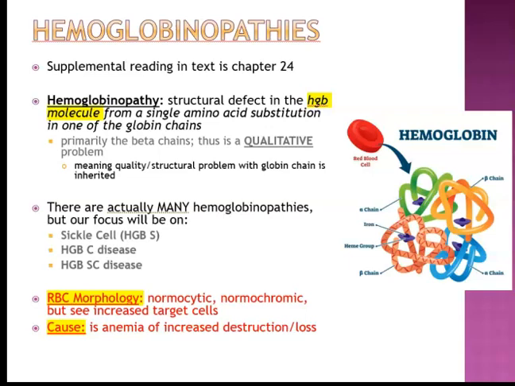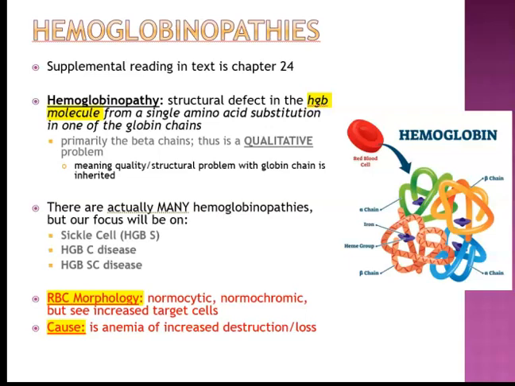It is a structural defect in the hemoglobin molecule from a single amino acid substitution in one of the globin chains. Primarily, it usually affects the beta chain, thus it is a qualitative problem, meaning the quality or the structure of the globin chain is inherited.